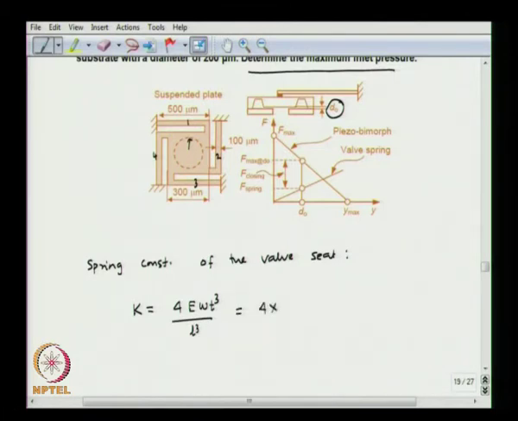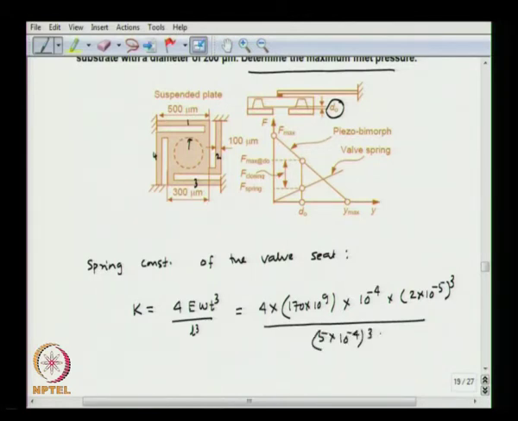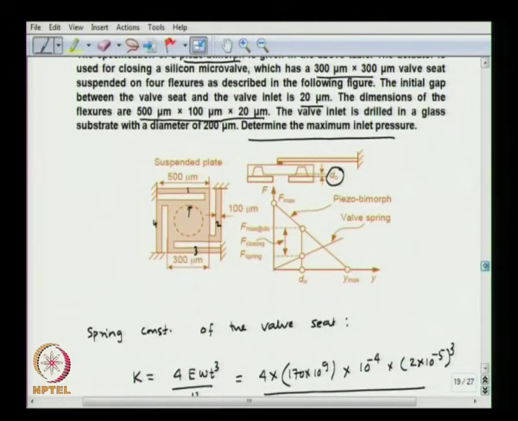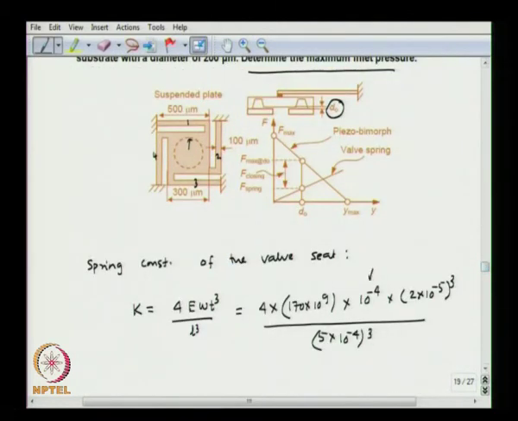So, 4 into 170 into 10 to the power 9, and the width 10 to the power minus 4 into the thickness 2 into 10 to the power minus 5 cube, divided by 5 into 10 to the power minus 4 cube.